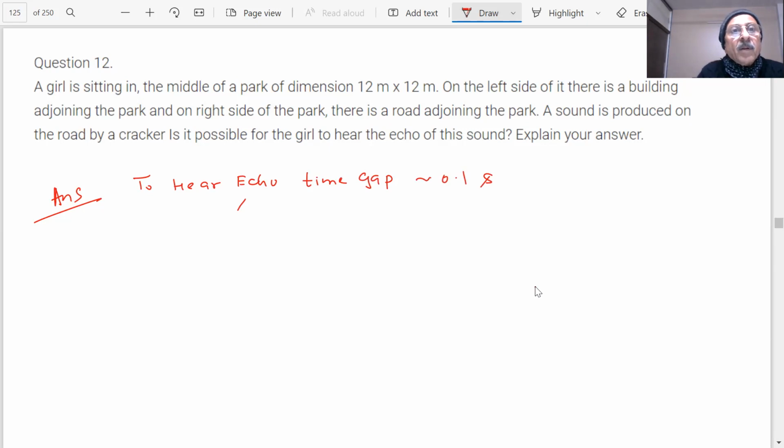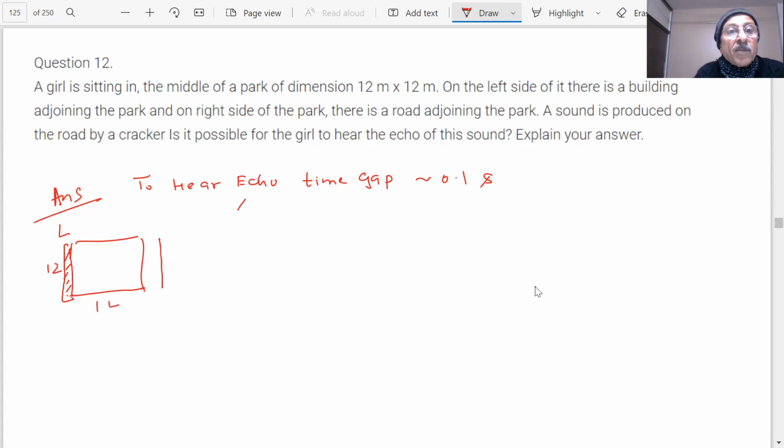What is happening? A girl is sitting in the middle of a park of dimension 12 by 12. Okay. On the left side, there is a building. This left side is a building. Adjoining the park, on the right side of the park, there is a road.